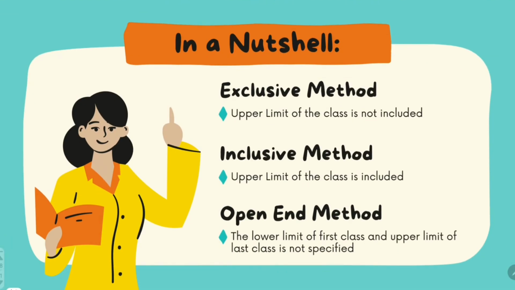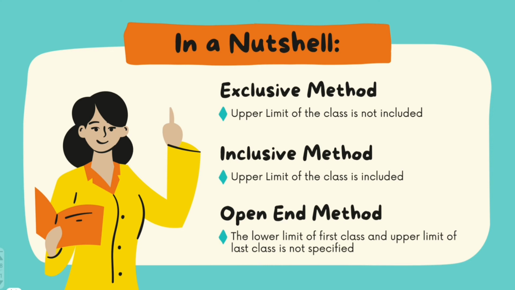So moving forward, just to sum up whatever we have learned so far: a frequency distribution is just one column with the values and the other column with the number of observations of each of those values. When it comes to continuous frequency distribution, we can either have the exclusive method, where the upper limit of the class is not included, or the inclusive method, where the upper limit of the class is also included.